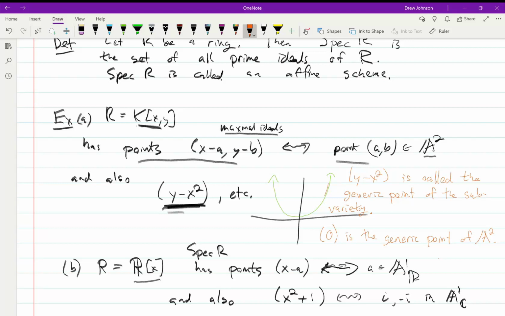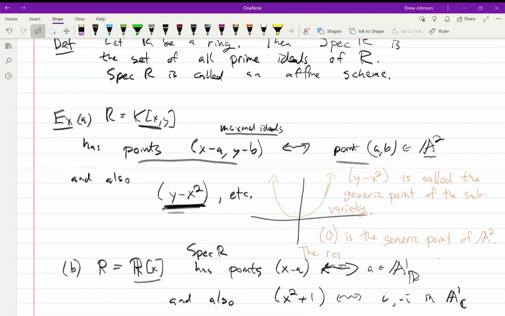Also, let me make this other remark. The residue field at 0 is the function field of A2.